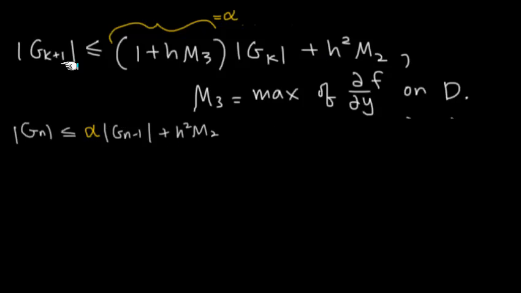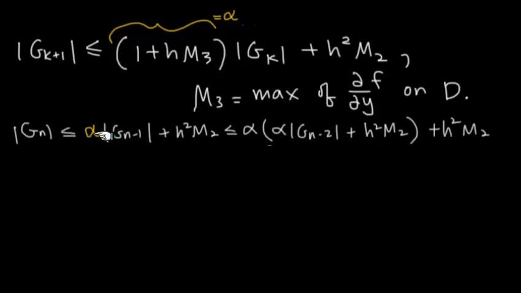So this is Gn minus 1. One before would be Gn minus 2. So that part is replaced by the larger possibility, which is written here. This alpha and h squared m2 is out there, and this Gn minus 1 is replaced by this whole thing again, alpha times Gn minus 2 plus h squared m2.